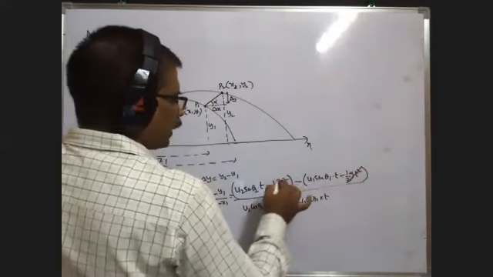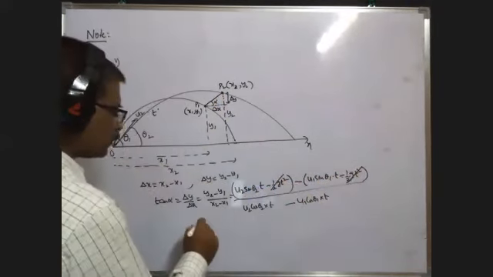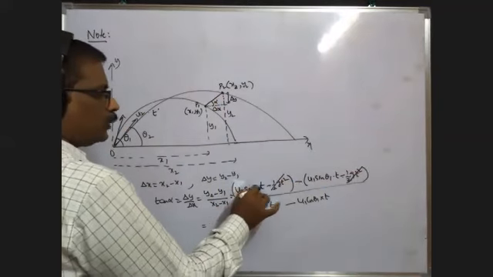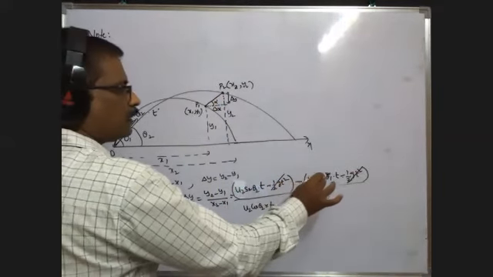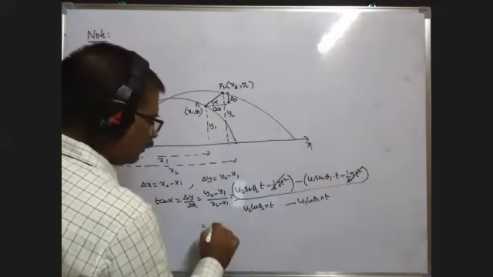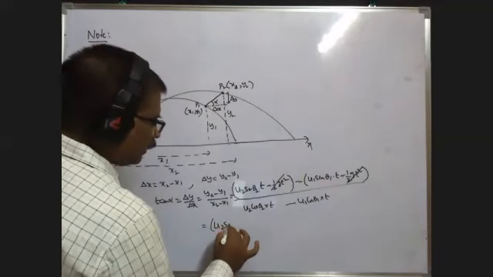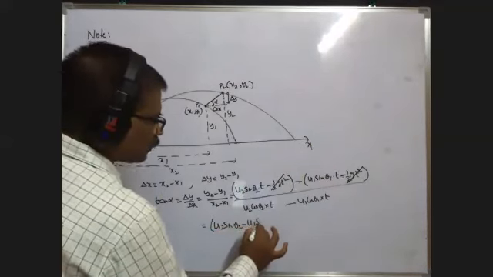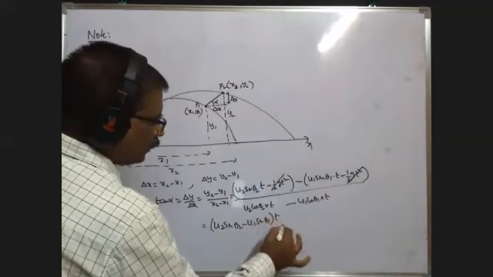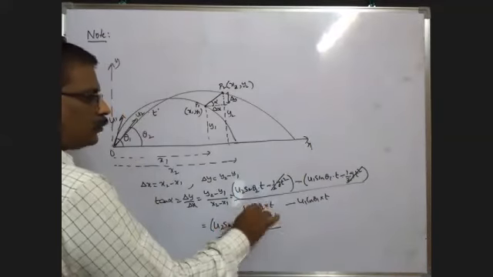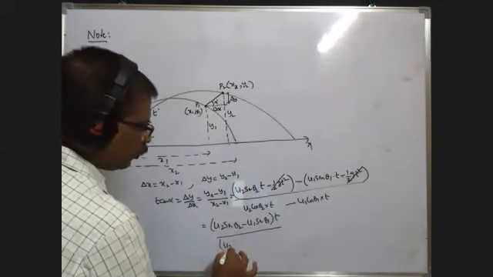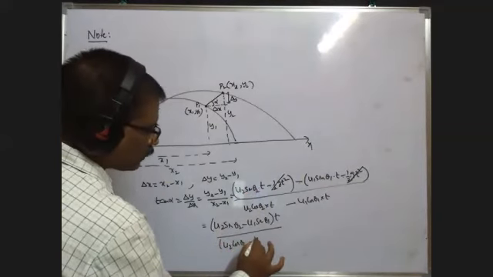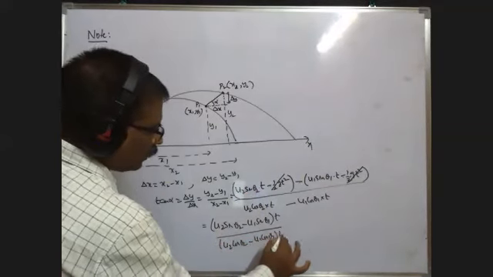These two will be cancelled. Remaining, you write u2 sin theta 2 into t minus u1 sin theta 1 into t. You take t common. In the denominator also you take t common, then u2 cos theta 2 minus u1 cos theta 1 into t.